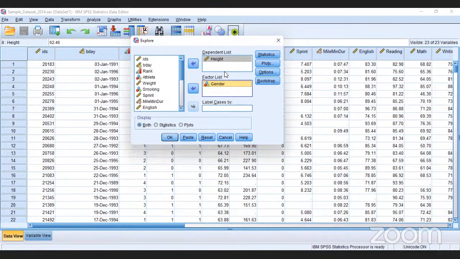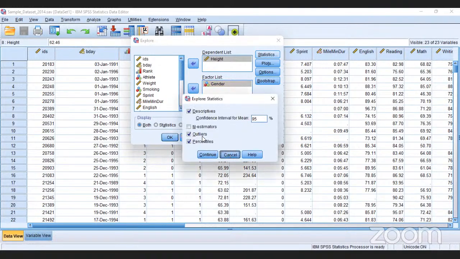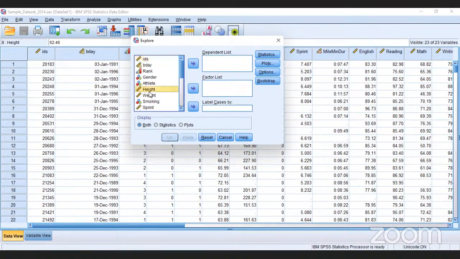So to do that, let me just reset this. We bring our height here, and we bring our gender here. So we take, what do I need? Let me just take OK for now.